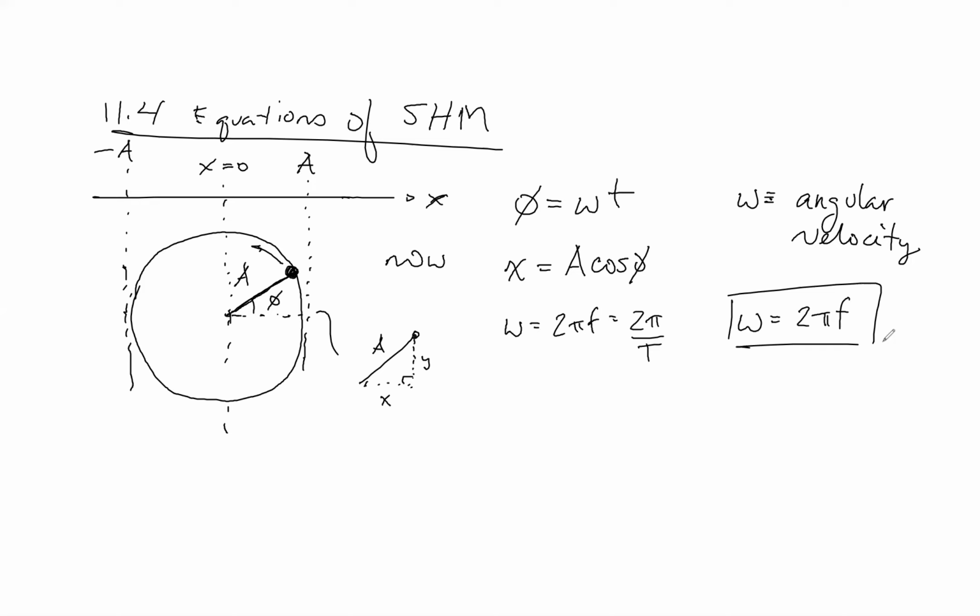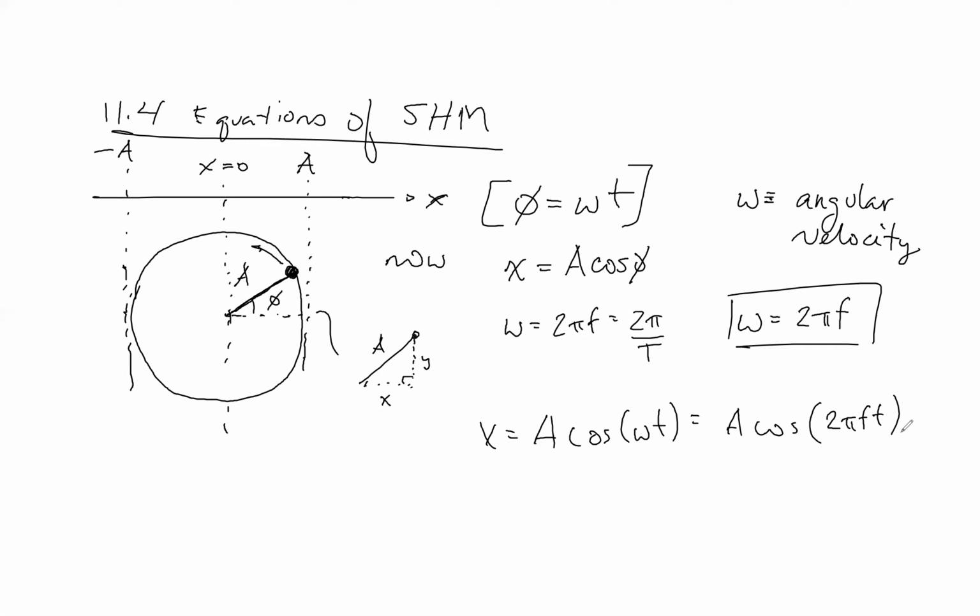So knowing that, I can plug that into this expression for phi and write that x must be equal to A cosine of omega t. But remember, omega is 2 pi f, so that I can write out A cosine of 2 pi f times t like that.